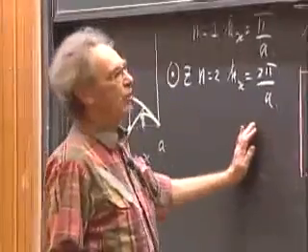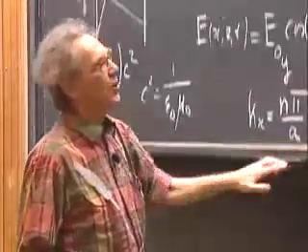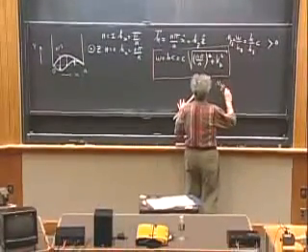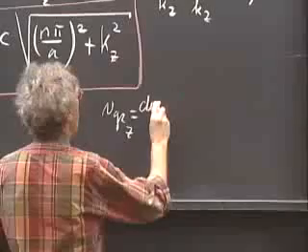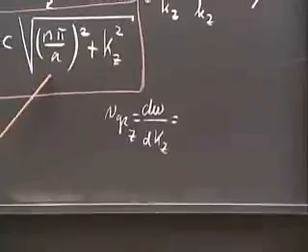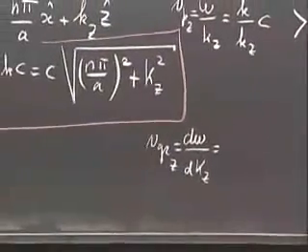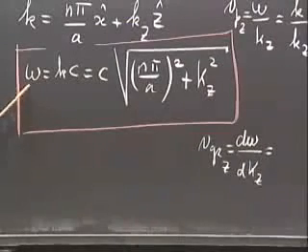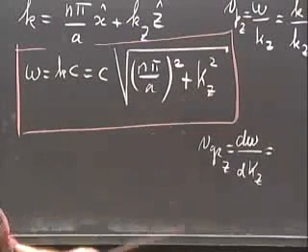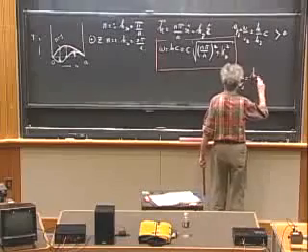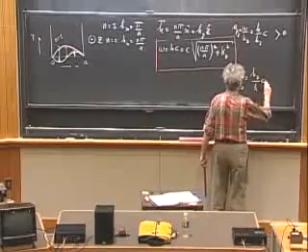So now you can also calculate what the group velocity is. So the group velocity in the z direction is d omega dkz. And since you have this term here, you should be able to do that. That's an 18.01 problem. You take d omega dkz, and you will find that that becomes, and I will leave you with that, kz divided by k times c.